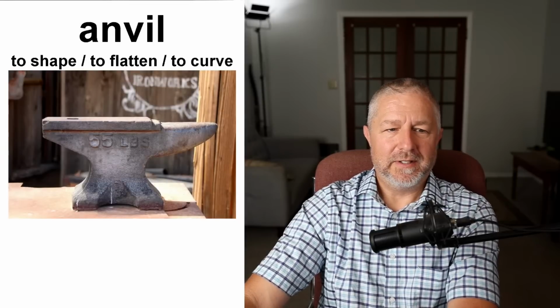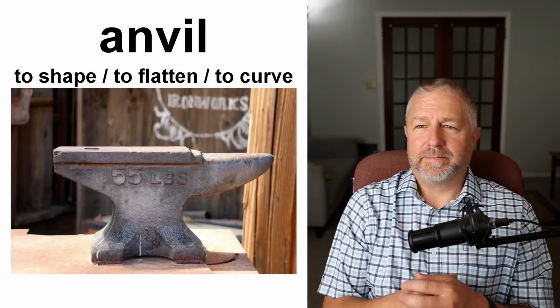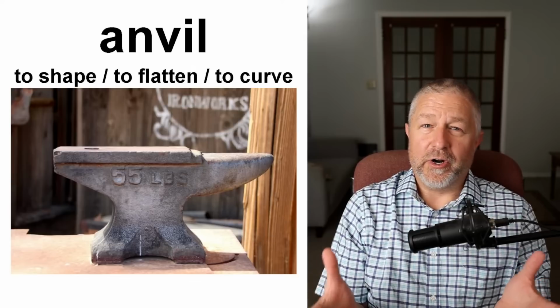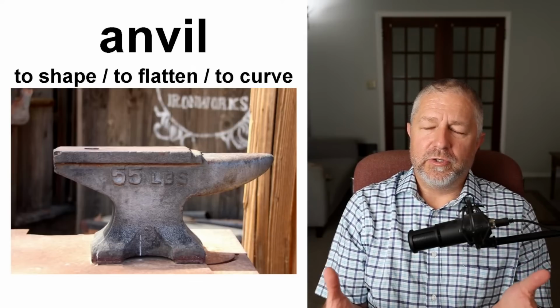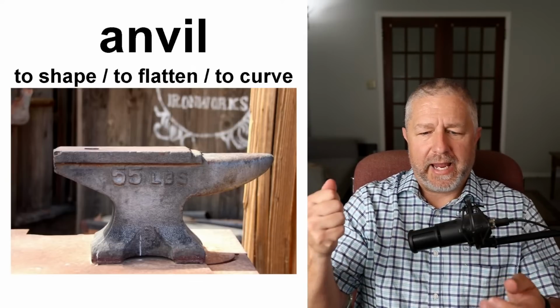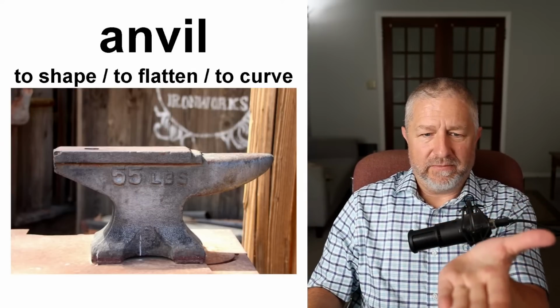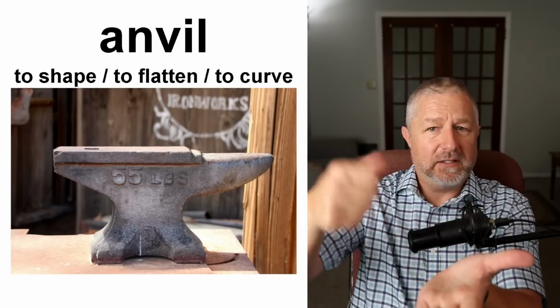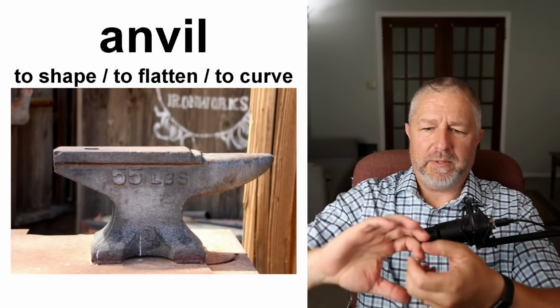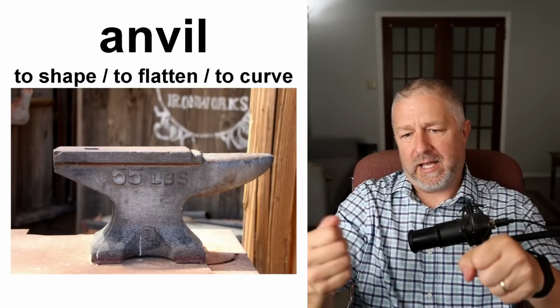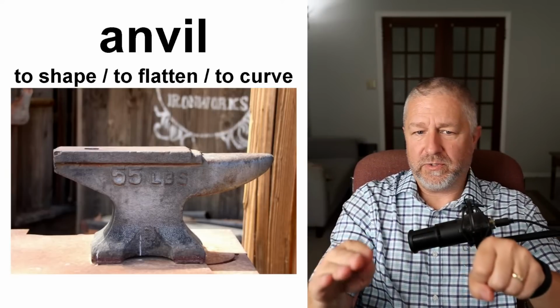An anvil. So an anvil is just a big, heavy piece of hard metal that you can use when, like if you have a hammer and you want to flatten something, you would lay it on the anvil and then you would hit it repeatedly with the hammer. Maybe you want to bend something. You might put it on the anvil and then slowly hit it as you turn it to bend it.